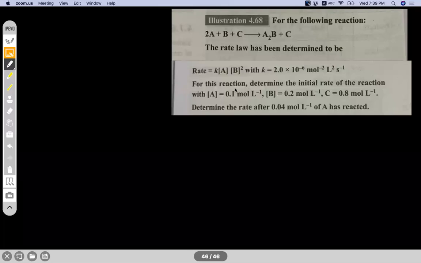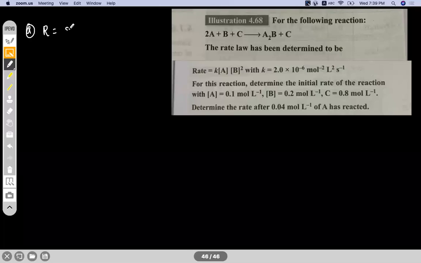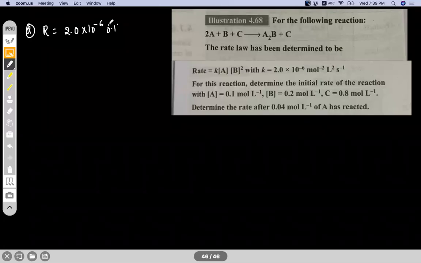So for the initial rate of the reaction, 0.1 and 0.2 are given. So directly we can find the rate, that is K is 2.0 into 10 to the power minus 6, A is 0.1 and B is 0.2 squared. So you solve this, you'll get the initial rate.